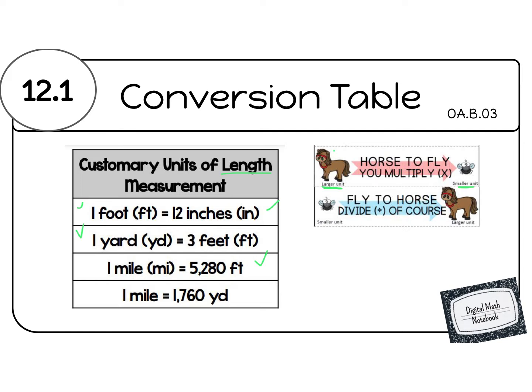If you go from horse to fly, it rhymes: you multiply. From fly to horse, we divide, of course. We're going to talk about this a lot, and you'll have it memorized, but having these little tricks to help us remember will make this unit a lot easier. Let's keep going.